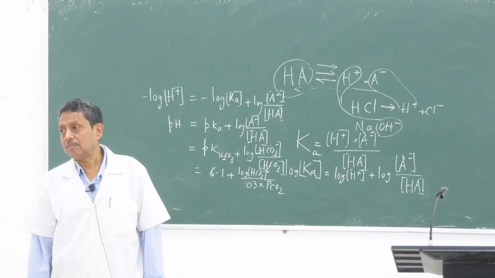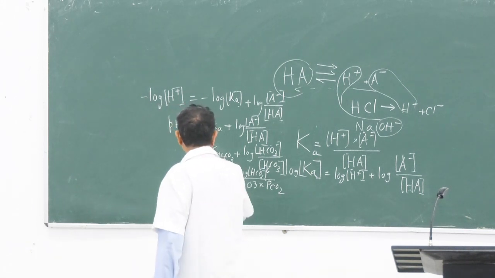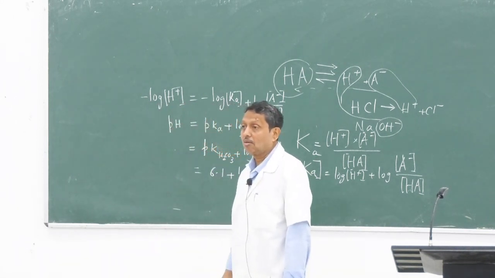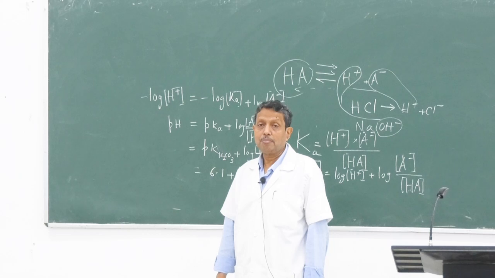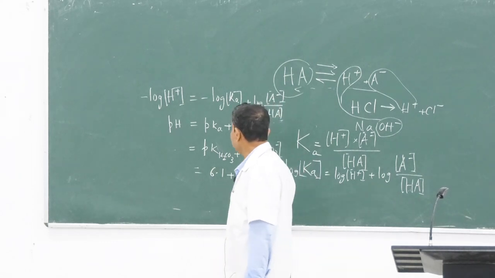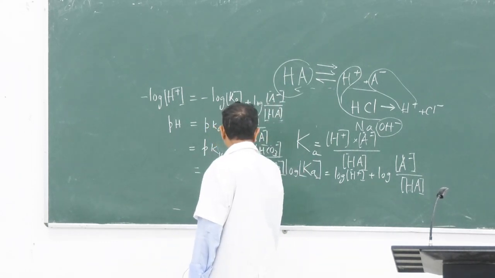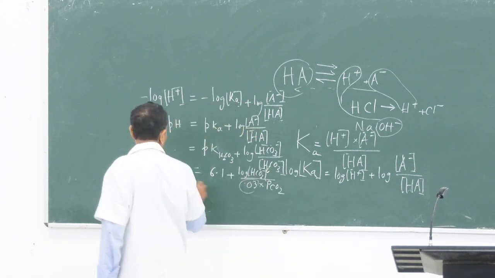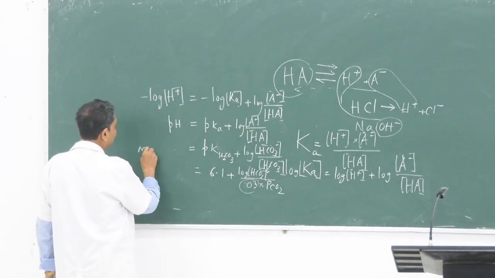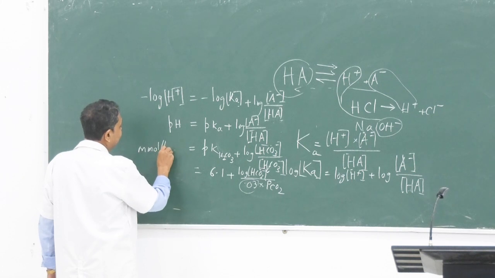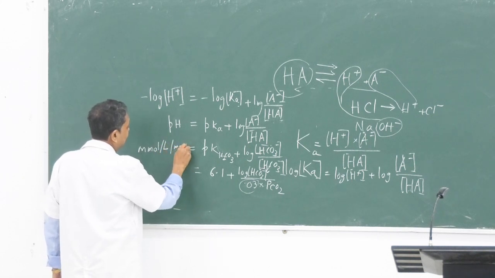Understood? This is the solubility constant at body temperature, with the unit millimole per liter per millimeter of mercury.